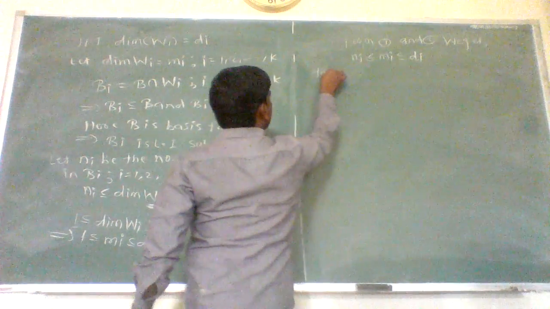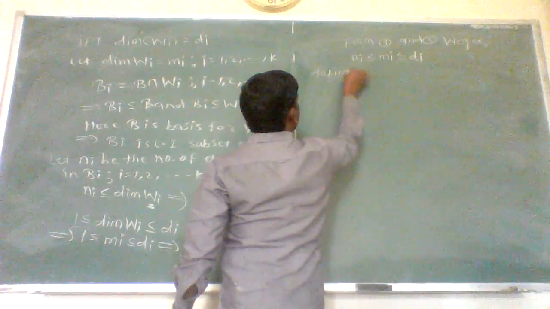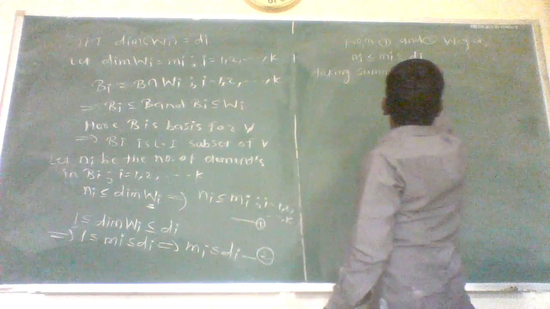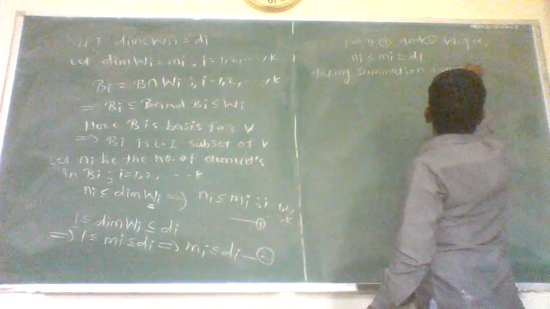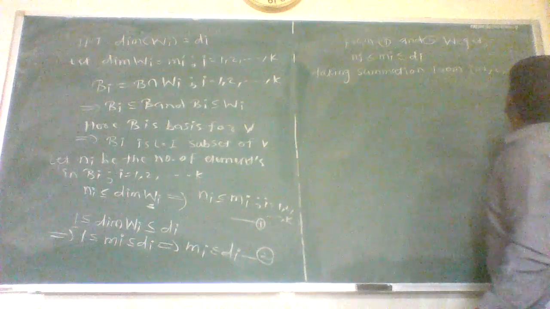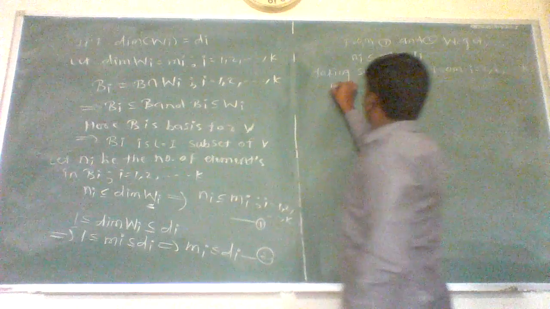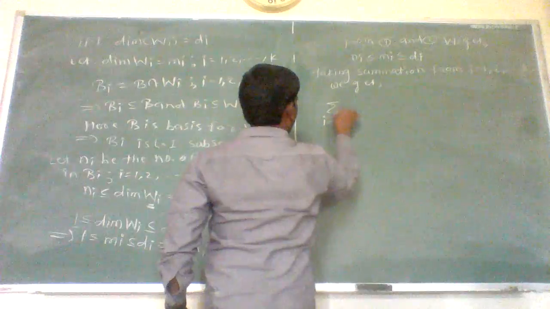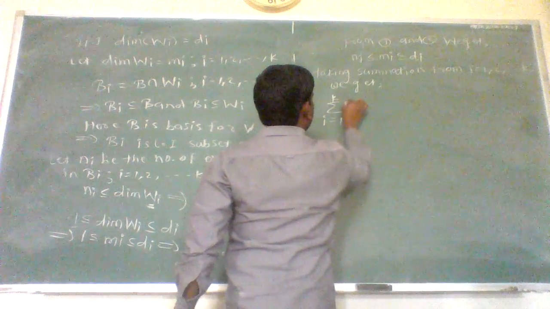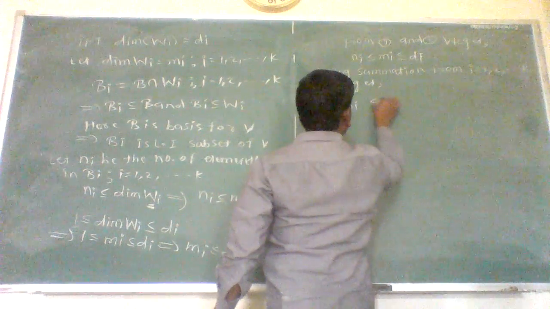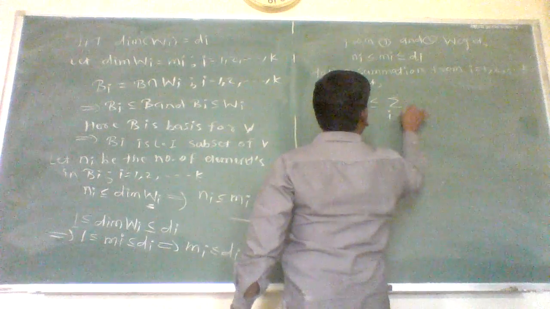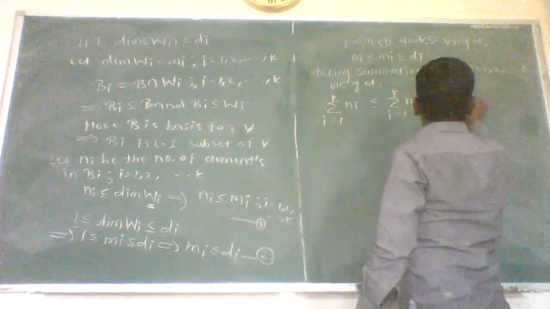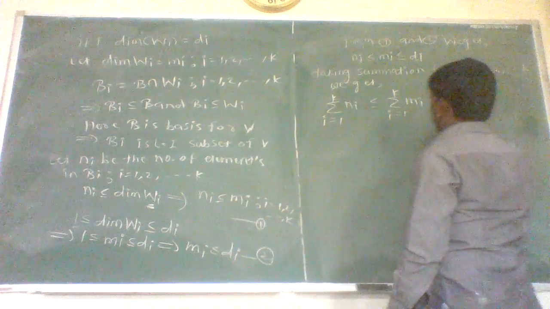Now, taking the summation for i from 1 to k, we get the summation of ni, which is less than or equal to the summation of mi, and which is less than or equal to the summation of di.